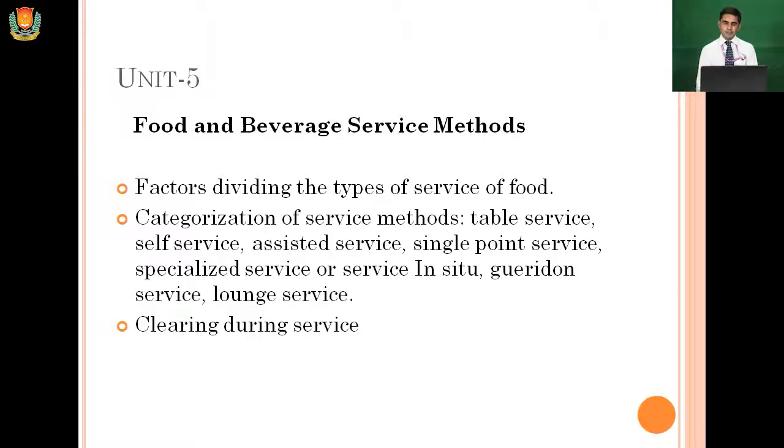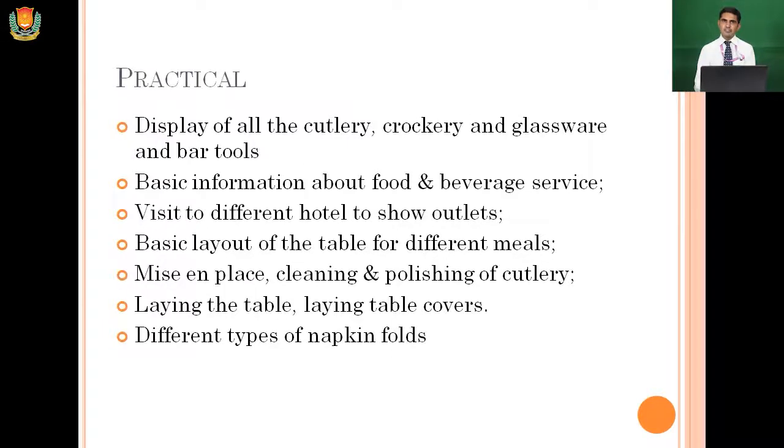All these 5 units. Apart from that we have practical. I'm talking about the theory part. Now in practical, what we are going to cover. In practical, the first subunit is display of all the cutlery, crockery, glassware and bar tools. Which type of equipment, cutlery, crockery, glassware we are using, I'll show you each and everything practically.